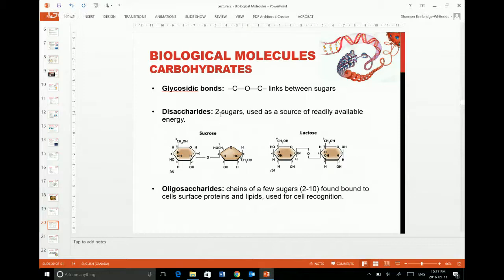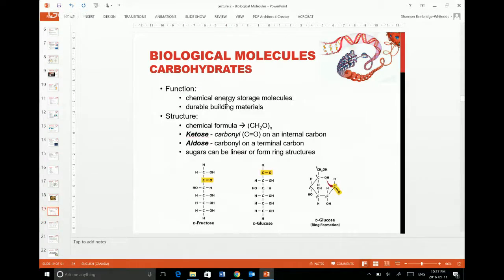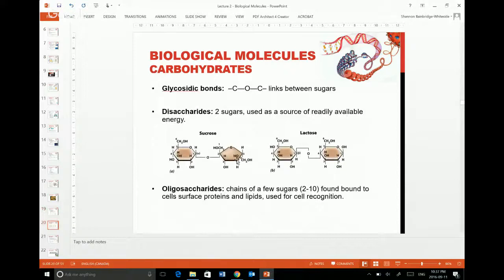Obviously the simplest sugars are glucose, fructose, or galactose, for example. But you can get combinations of these sugars coming together in pairs called disaccharides. Sucrose is one that we all know quite a bit about. It's typically what we get as table sugar, which is made up of a glucose and a fructose.